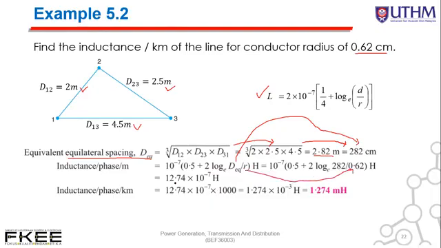So we got 12.74 times 10 to the power of minus 7 Henry, or we can convert to millihenry: 1.274 millihenry. So this is the inductance per phase per kilometer of the line conductor.